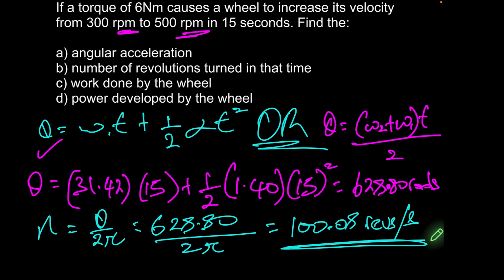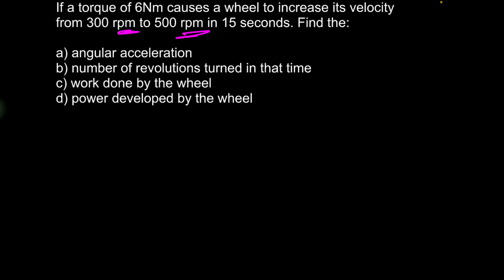So now that we have our number of revolutions, we know what our displacement is. The work done and the power are even more straightforward, so let's get into that bit. To find our work done, we have a few formulas, but the most suitable one in this case is our torque multiplied by our displacement.